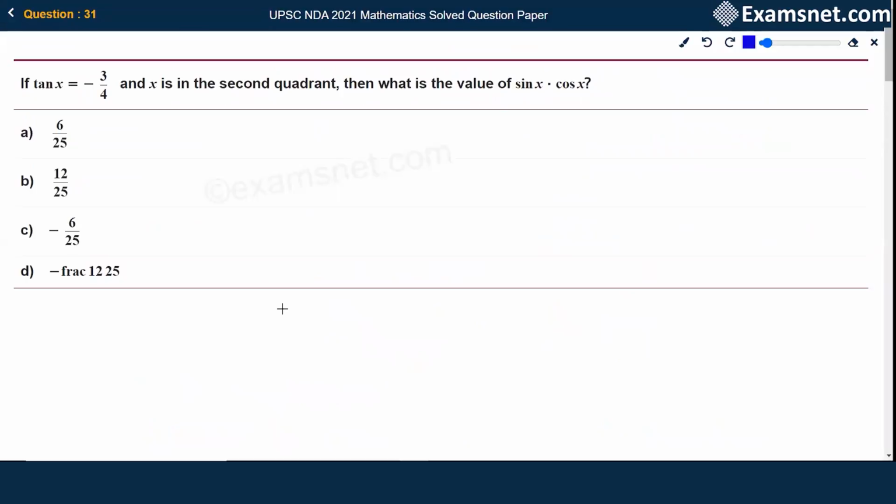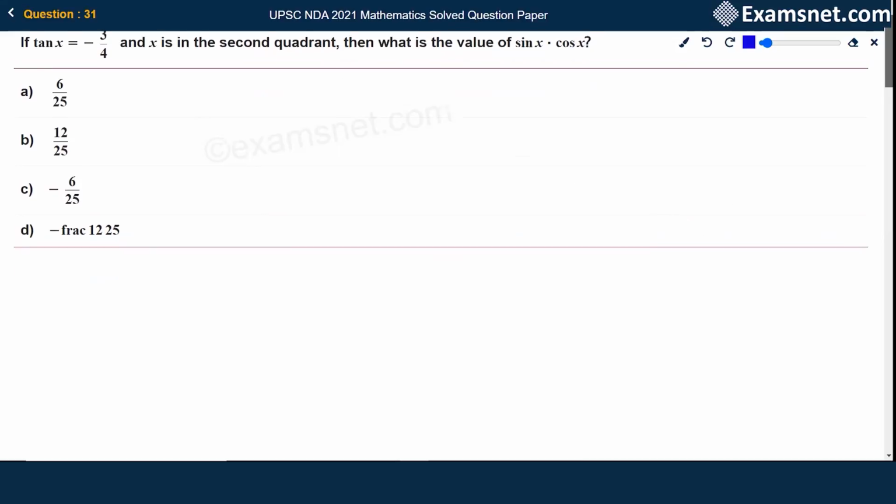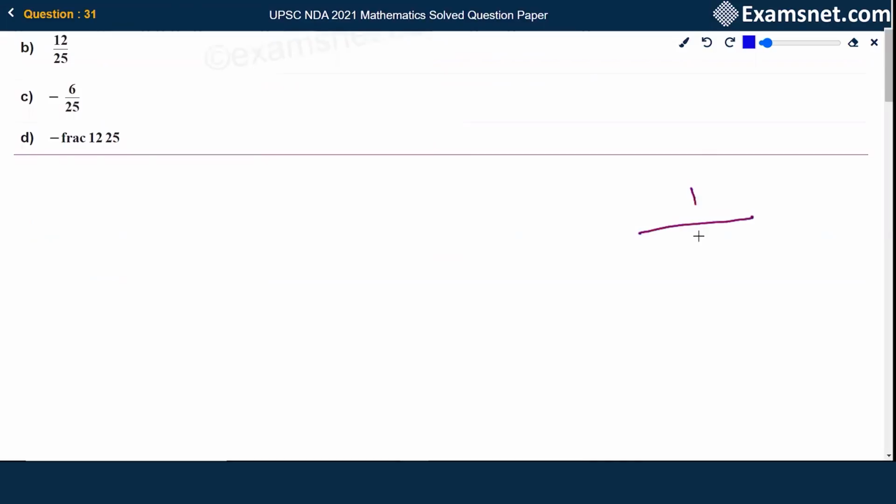It is given in question number 31 that if tan x is minus 3 by 4 and x is in the second quadrant, then what is the value of sin x multiplied by cos x? Since x is in the second quadrant, we already know, let me tell you again, that in the first quadrant, all the trigonometric ratios are positive.